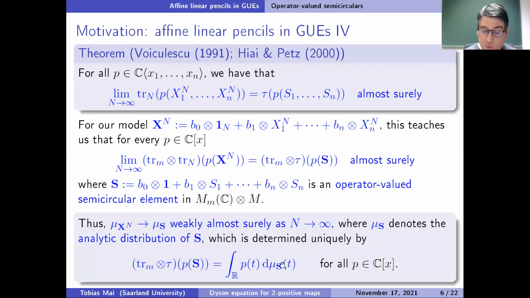We simply require that the trace of the polynomial evaluated in my operator-valued semicircular element is the same as integrating the polynomial with respect to this measure. So this is what defines the analytic distribution of this operator. And what I'm saying is that this object is the object of interest because it describes the limiting behavior of the empirical eigenvalue distribution of the operators of interest.